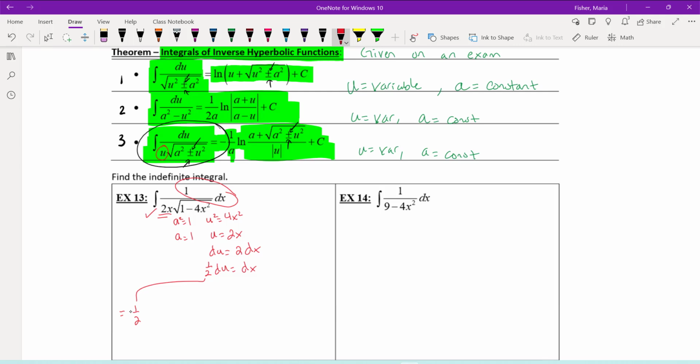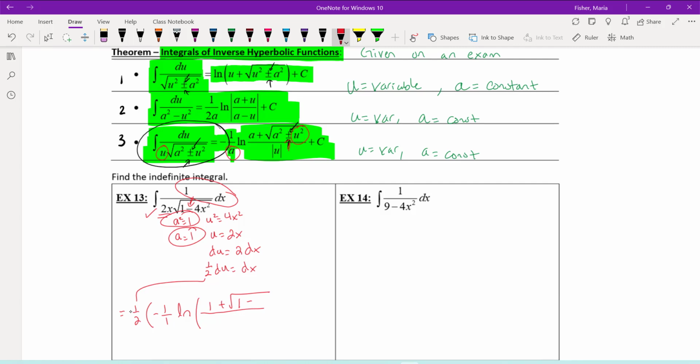So it's going to be 1/2 times negative 1 over a, well, a is 1, times the natural log of a, which is 1, plus the square root of a squared, which is 1. And since our given is a minus sign, we choose the minus sign.